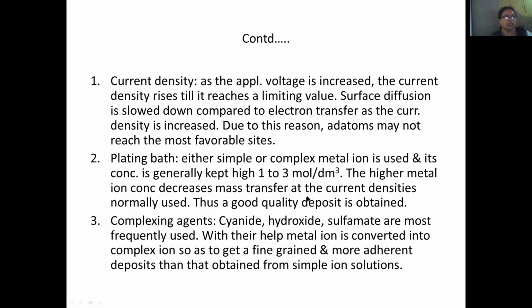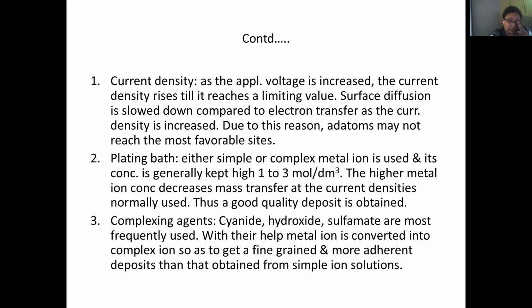That is current density. As the applied voltage is increased, current density reaches its limiting value, so surface diffusion is slowed down. Due to these reasons, the current density should be low. Then the plating bath is used according to its concentration.